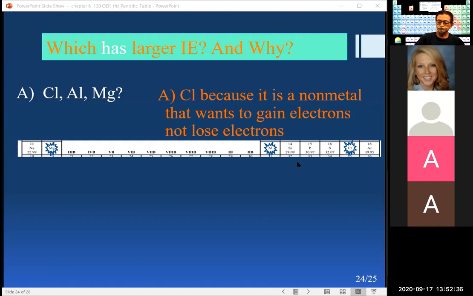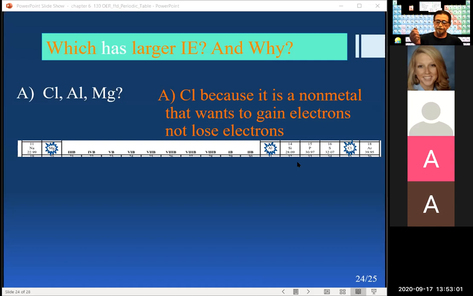So you're saying that any of the elements closer to the right side, if they're nonmetals, are going to have a higher ionization energy than the left side, because those are metals? You're correct. When you're comparing nonmetals and metals, the nonmetals are always going to beat out the metals. Okay?